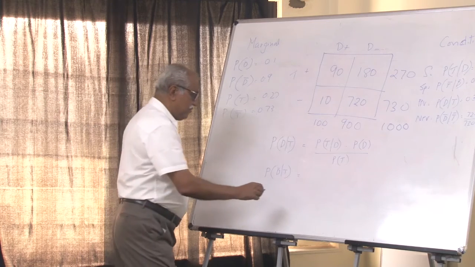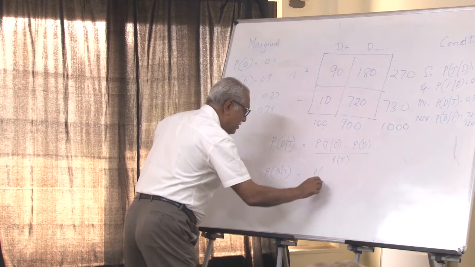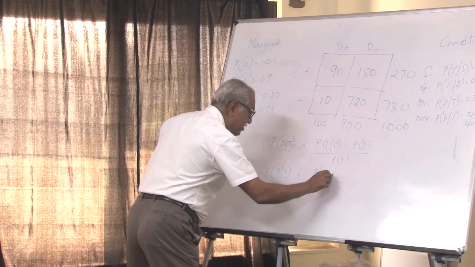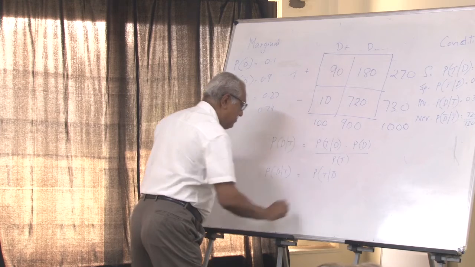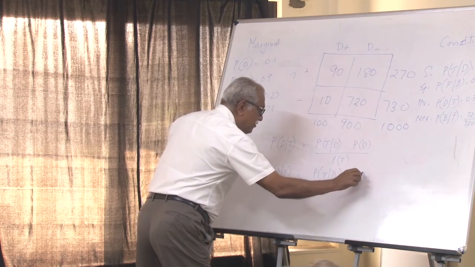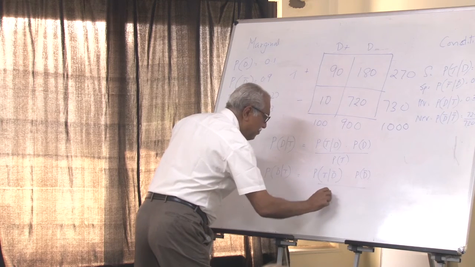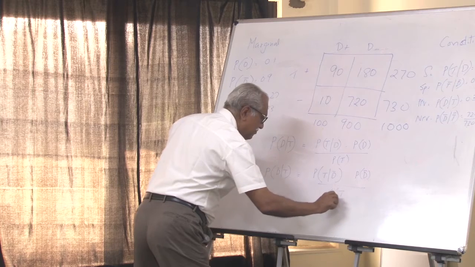It will be equal to the mirror image, probability of test given no disease, times probability of no disease, divided by probability of test.